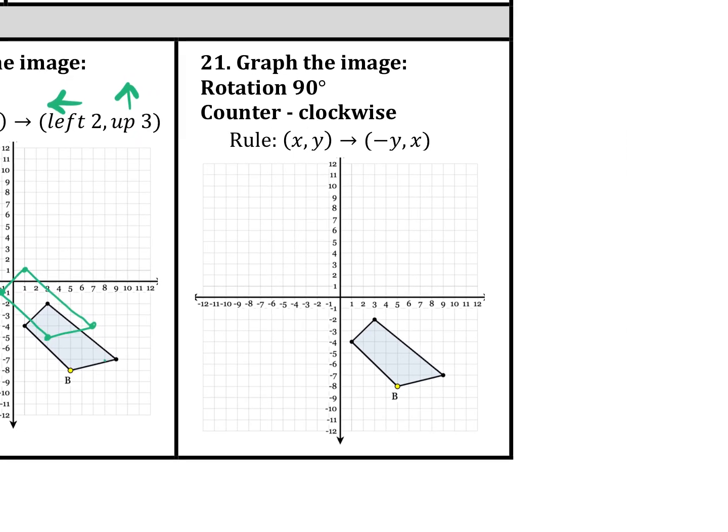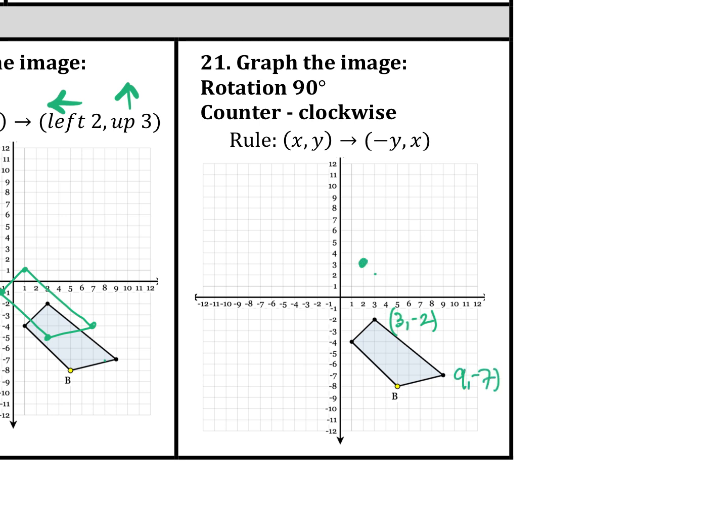Clockwise, again, whatever manipulative your teacher showed you. So we got 3, negative 2. So that would be switching and changing the sign. So it would be 2, 3. We got 9, negative 7.